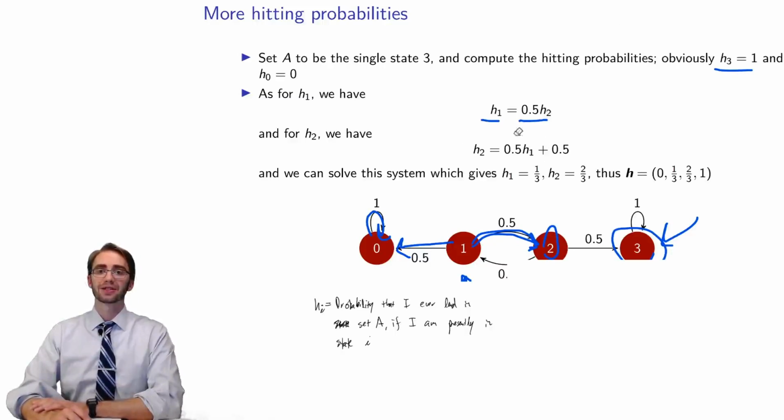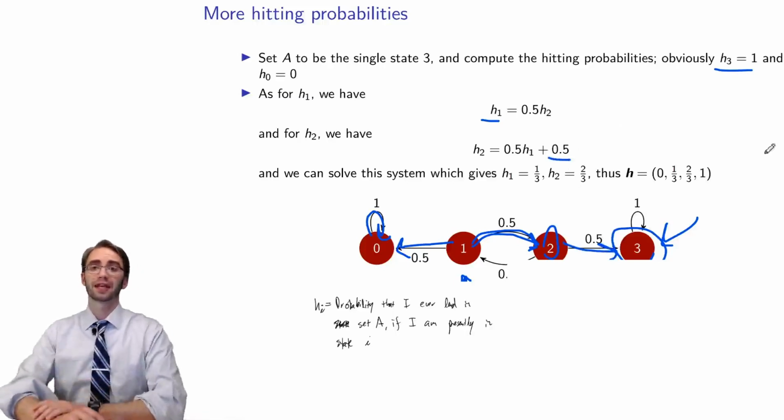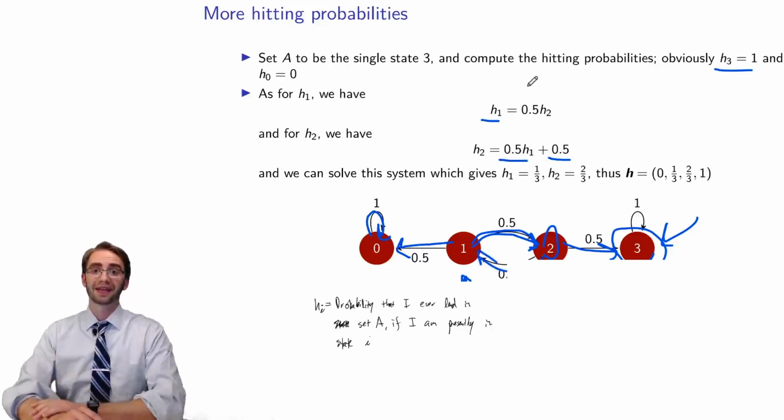If I'm in state 2, there's a 0.5 probability that I just go into state 3 and I accomplish my goal. And then the other bit is there's a 0.5 probability of going over to state 1, at which point I'm in state 1, and I have to work with that.